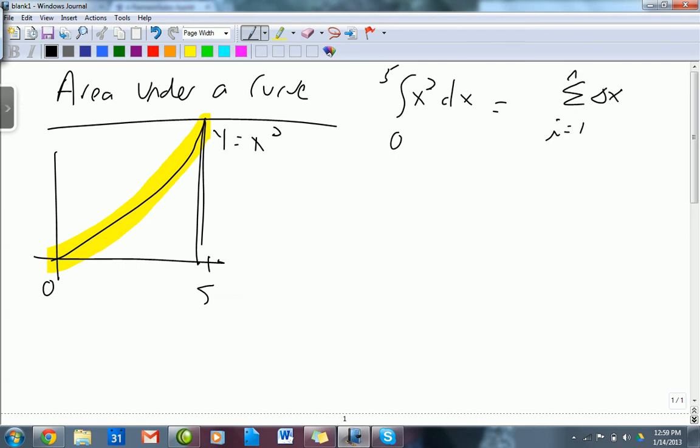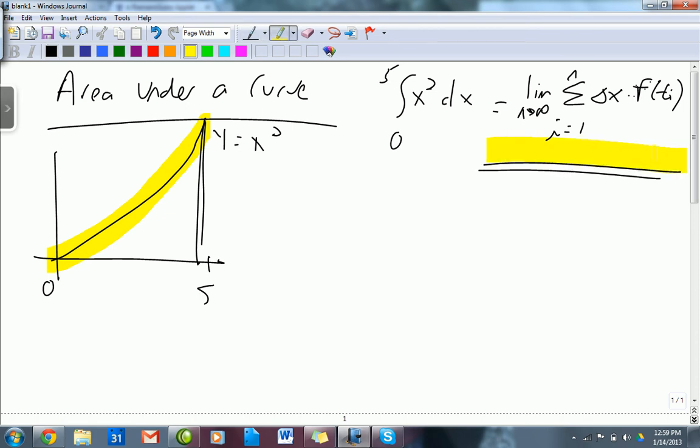The areas are delta x, which is the base of each of those rectangles, times the heights, which are f of t sub i, being the tags, right? But as it stands, it's not the area, it's just an approximation. So to turn it into the area, we want the limit as the number of rectangles goes to infinity. So this right here is the area under a curve. With the limit up front, it's exact.